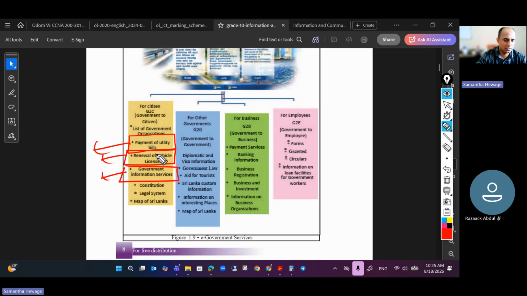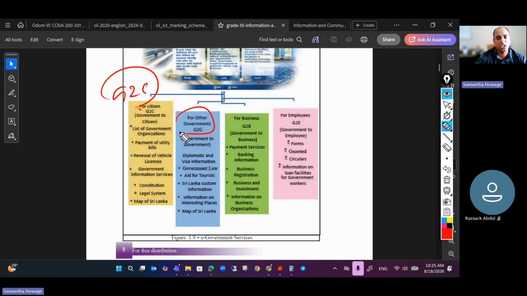But there are websites, constitutions, that is some rules and regulations, legal systems, law, map of Sri Lanka, list of government and other organizations, whatever organization you want to find, you can get it. So these are the services provided by G2C, government to citizen, right? Government to citizen, very easy to understand.